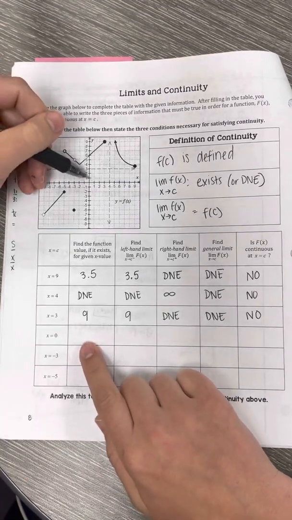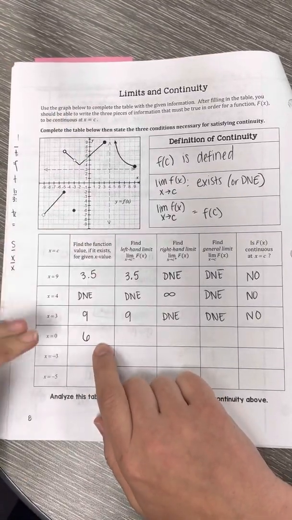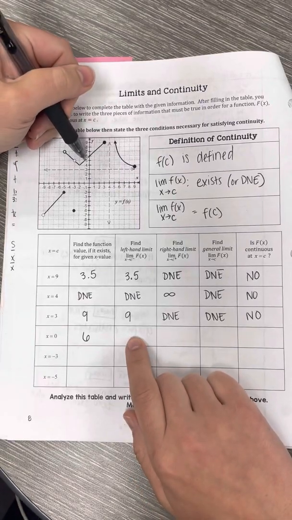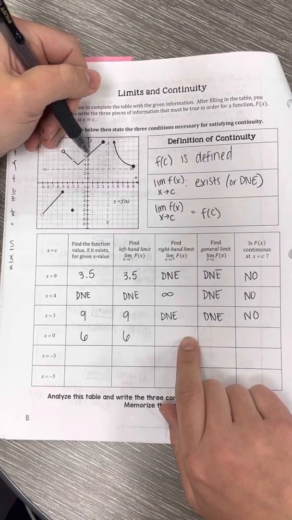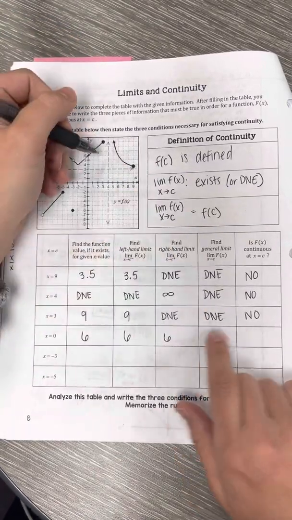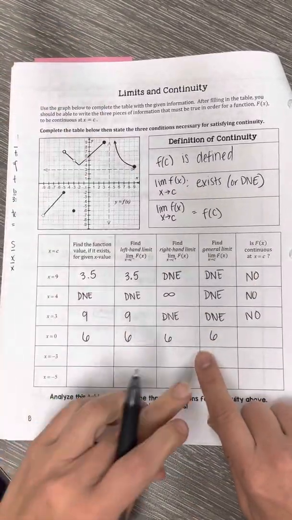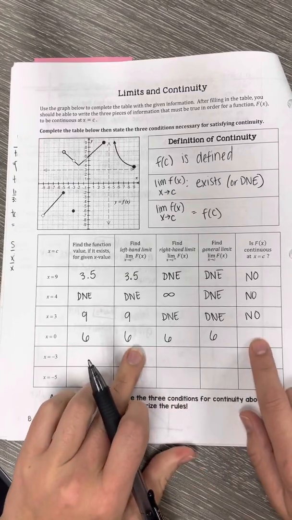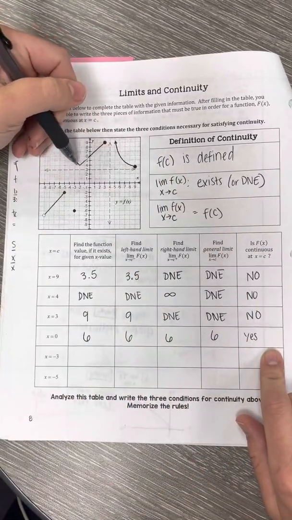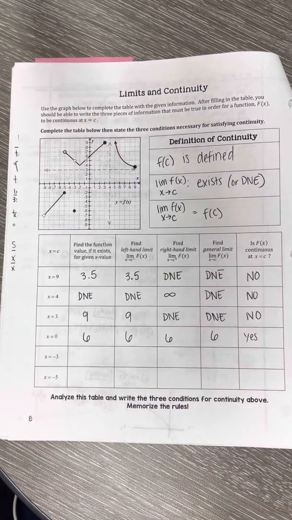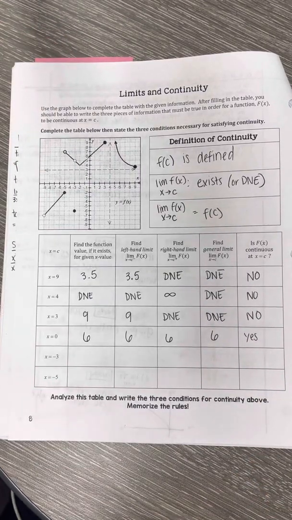All right, at x equals 0, our value is 6. From the left, we're approaching 6. From the right, we're approaching 6. So our value is 6 for the general limit. And then, is f(x) continuous here? Yes, it is. From left to right, it is continuous through x equals 0.